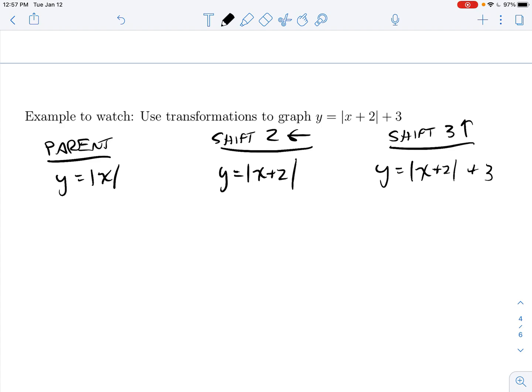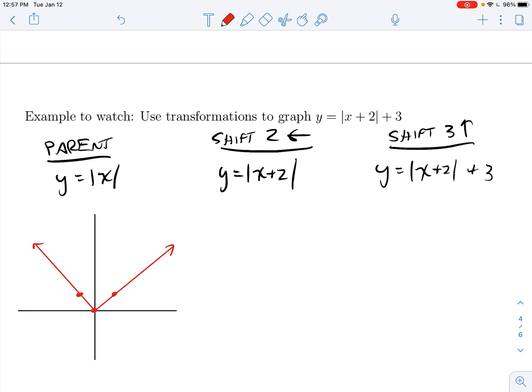I'd recommend doing this in 2 steps. After you've practiced a lot, you can probably do it all at once. So what I would recommend is just start with your basic V-graph. And as far as I'm concerned, 3 specific points and the overall picture will be enough.